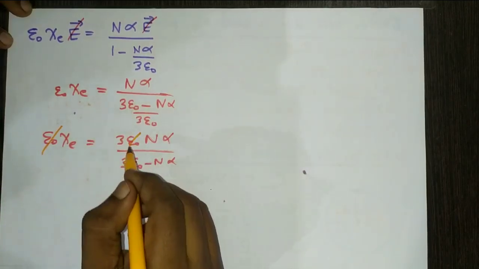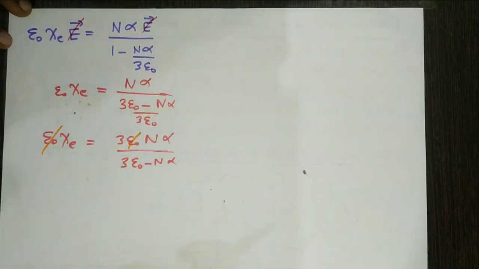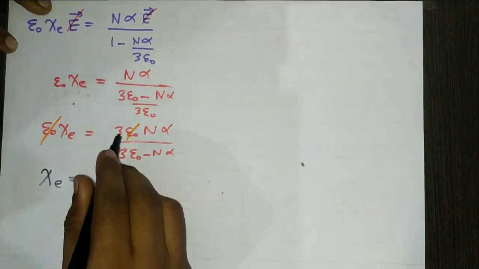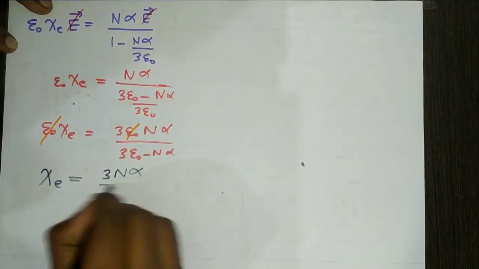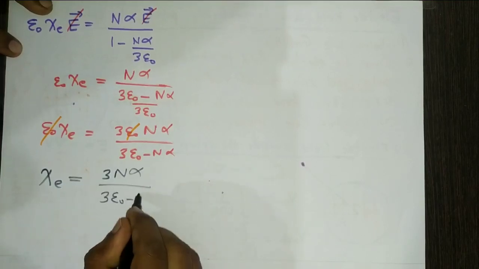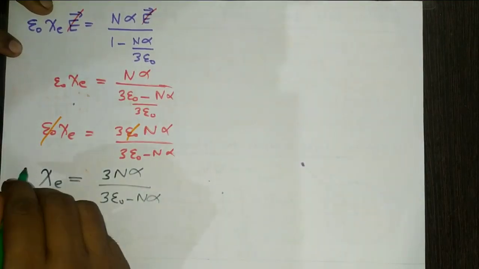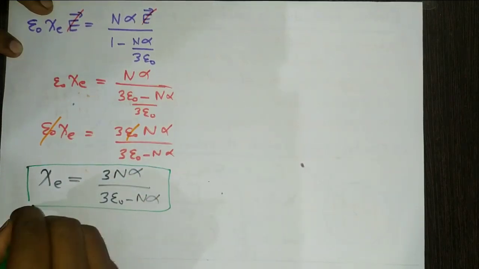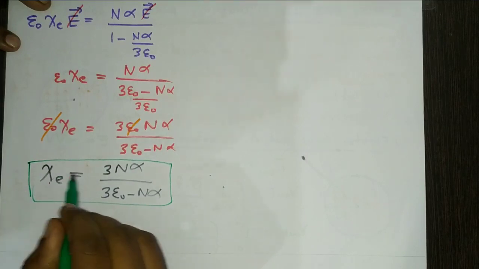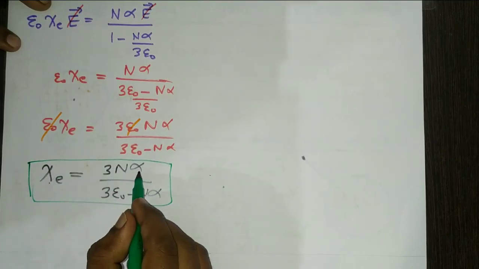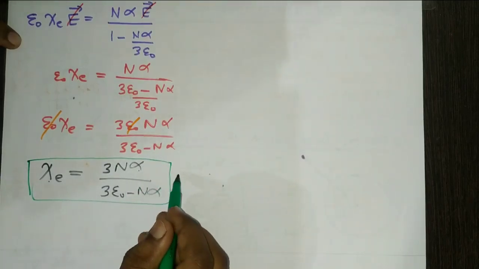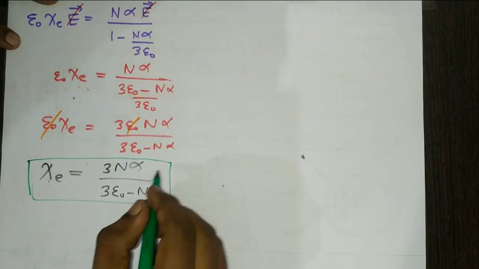Here epsilon 0 and epsilon 0 get cancelled. Therefore this chi E can be written as 3 N alpha divided by 3 epsilon 0 minus N alpha. Okay. This is the relation connecting electric susceptibility chi E and atomic polarizability alpha in the case of a linear dielectric medium having very high density.